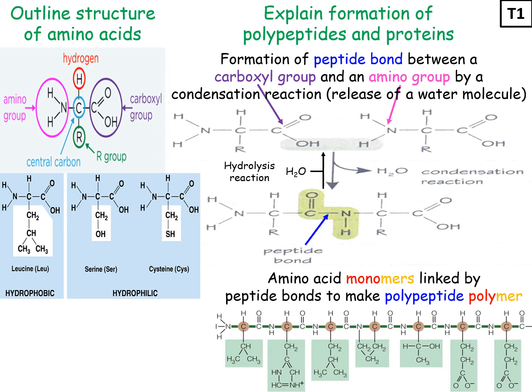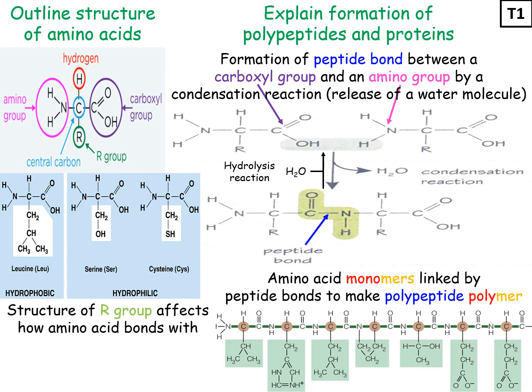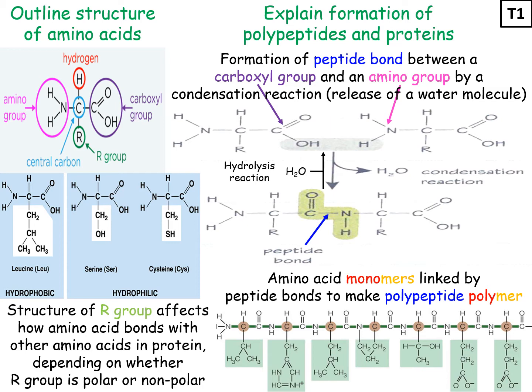Now when we look at these amino acids, we can see that the R groups can be hydrophobic or hydrophilic. Therefore, the structure of the R group affects how the amino acid bonds with other amino acids in a protein or polypeptide, depending on whether the R group is polar or non-polar. So if it's polar, clearly it can form hydrogen bonds with each other, whereas if it's non-polar, it can't form hydrogen bonds with each other.